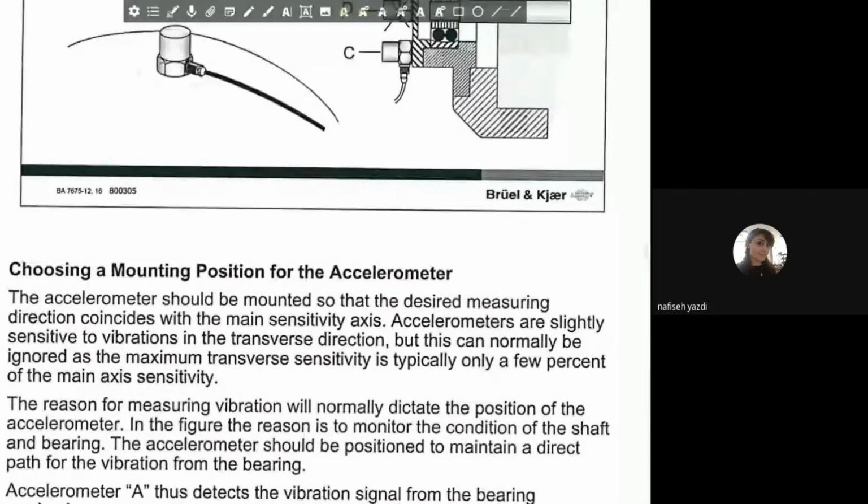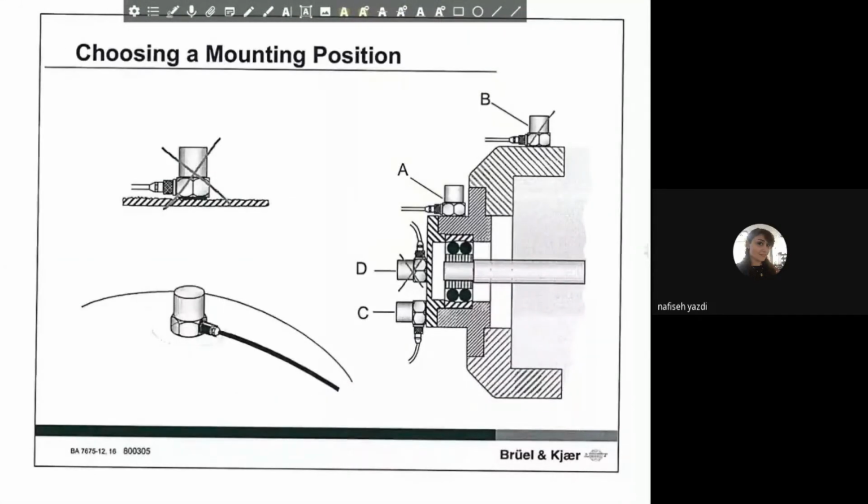Professor, what was the problem with the B situation? The B position is measuring also all the acceleration coming from the rest of the machine, all the connecting parts and everything that is not directly related to the shaft and the bearing motion, whereas D is measuring the deflection of the plate that is covering everything.